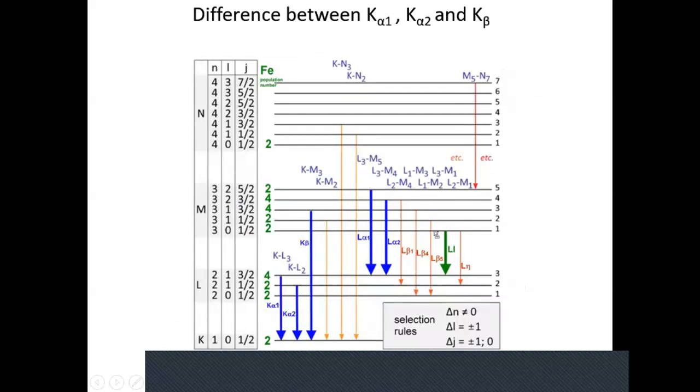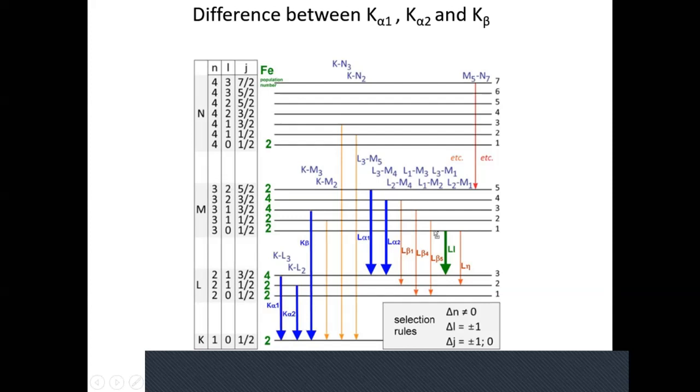This is the selection rules to show that these are allowed transitions. So the change in n has to be non-zero. So to be an allowed transition, you can't go from, say, n equals 3, l equals 2 to n equals 3, l equals 1, because there delta n would be 0.